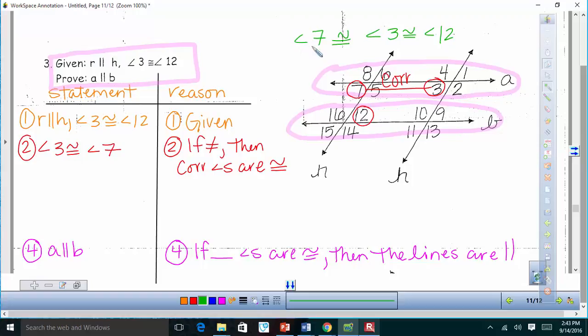And so if angle 7 is congruent to 3 and angle 3 is congruent to 12, then that means that we can transfer that congruency from 7 to 12. And so we would write that angle 7 is congruent to angle 12. And because we transferred it, we'd put transitivity.